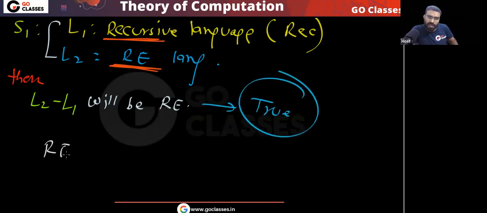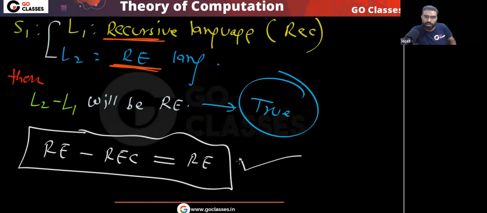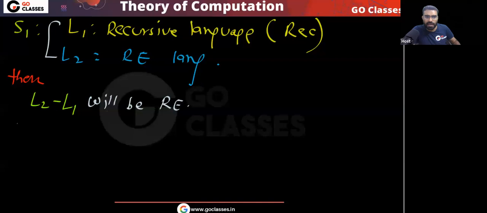RE minus REC will be RE. This statement is true. But what about L1 minus L2? What can you say about L1 minus L2? Saying it will be RE, this statement is false.